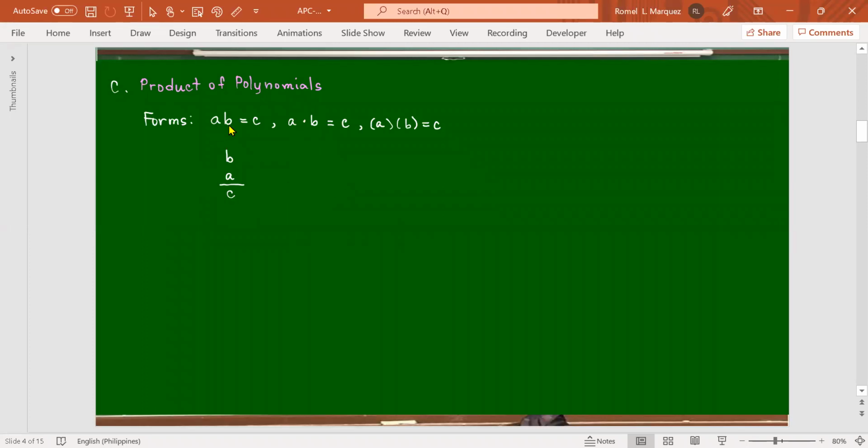Yes, sir. A times B means you multiply A to B. So I'm going to multiply A to B. When you have vertical, you multiply A to B, not B to A, although they are the same. Pero sir, pwede po silang magpalit? Of course. But the way it is written, this is actually its equivalent.